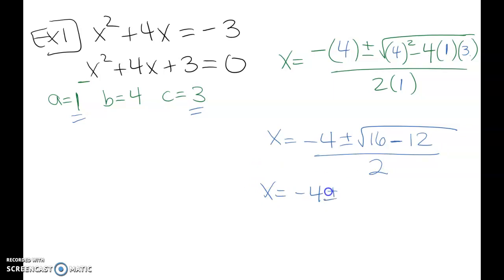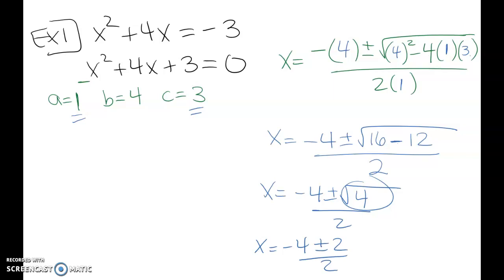Simplifying this a little further, I have 16 minus 12 is 4, all over 2. And now we can simplify the square root of 4 because that's just 2. So I would get x equals negative 4 plus or minus 2 over 2.